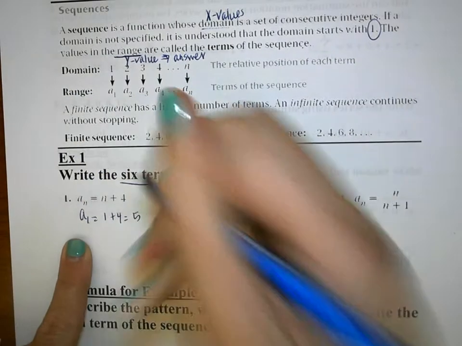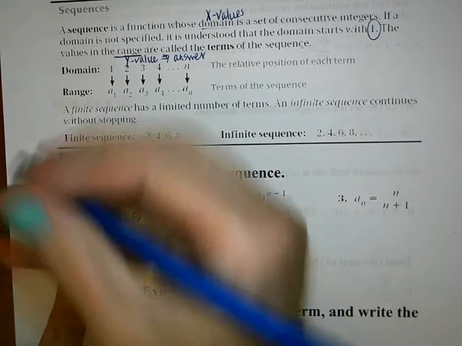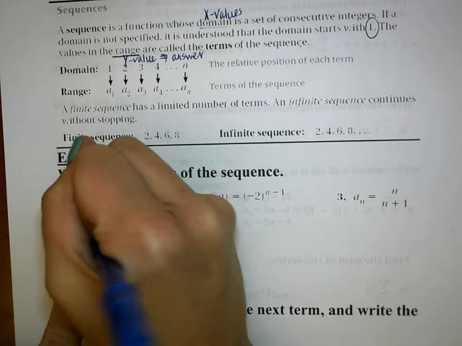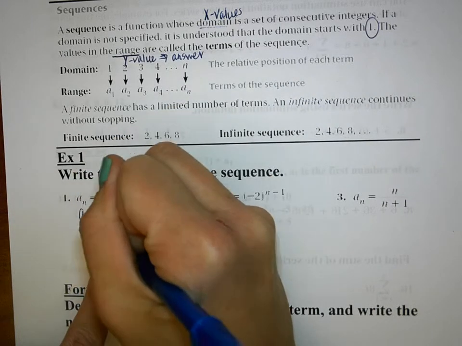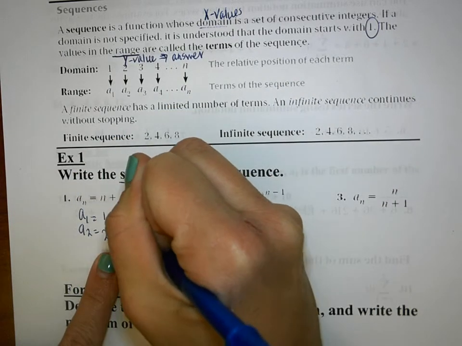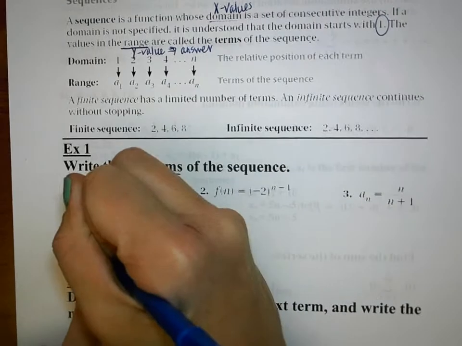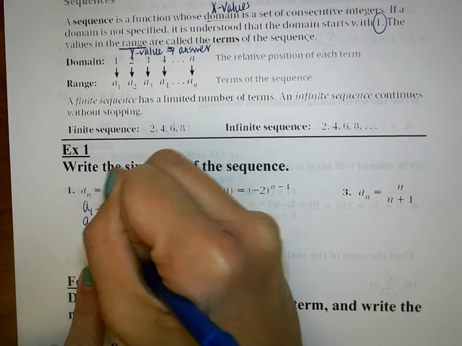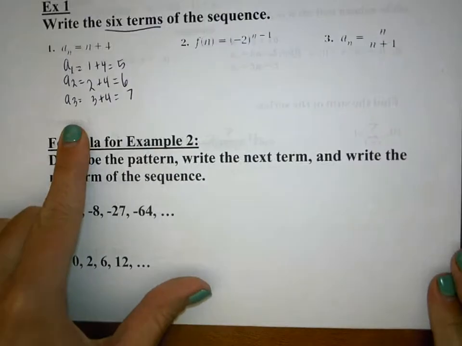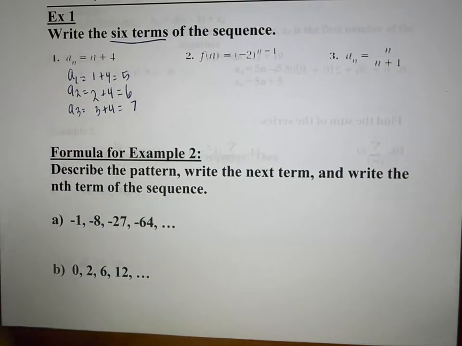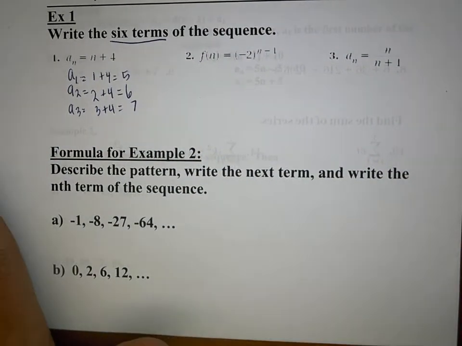In fact, on this, you're going to do 6 terms. So I'm going to go a sub 2 would equal, and I'm going to plug 2 in for n, so we'd have 2 plus 4, which equals 6. Then I'd have a sub 3. 3 plus 4 equals 7. And you guys don't have very much room, I'm sorry.